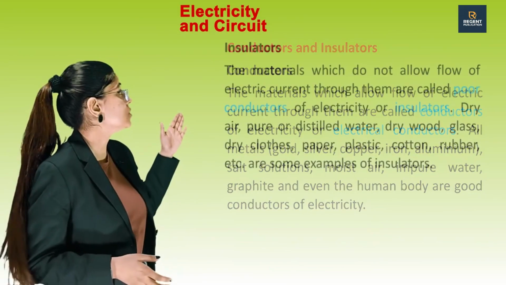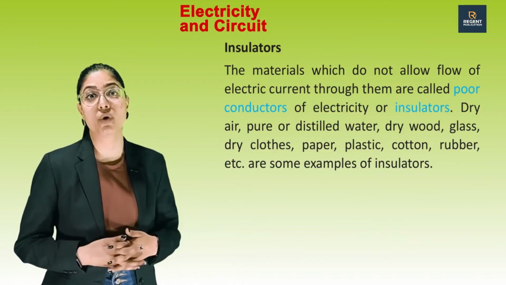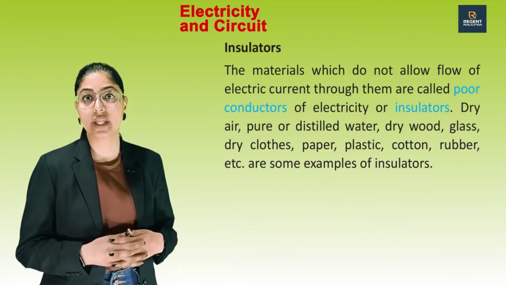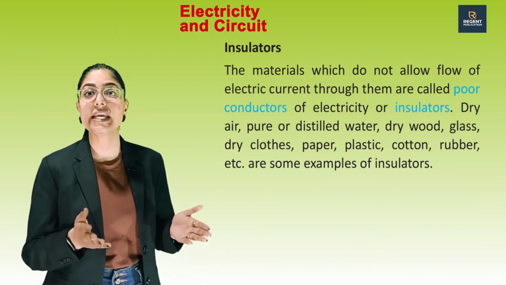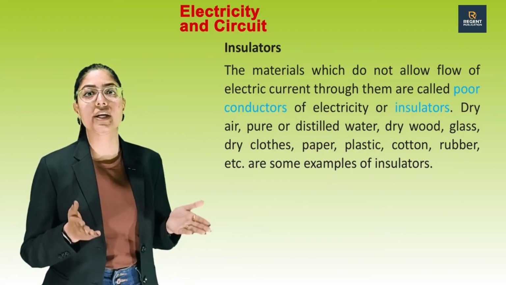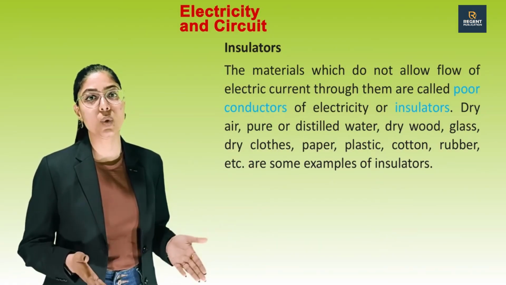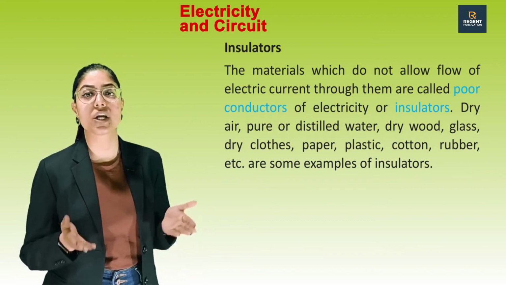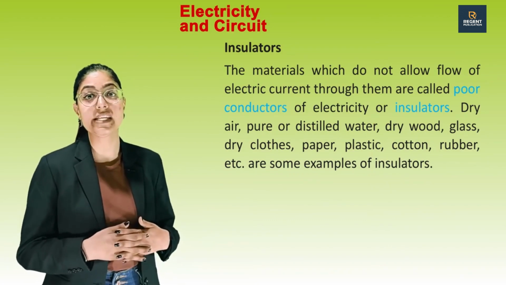Next is insulators. The materials which do not allow the flow of electric current through them are called poor conductors of electricity or insulators. Dry air, pure or distilled water, dry wood, glass, dry clothes, paper, plastic, cotton, rubber, etc. are some examples of insulators.